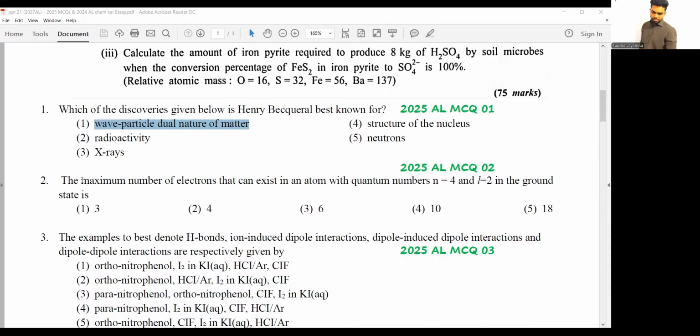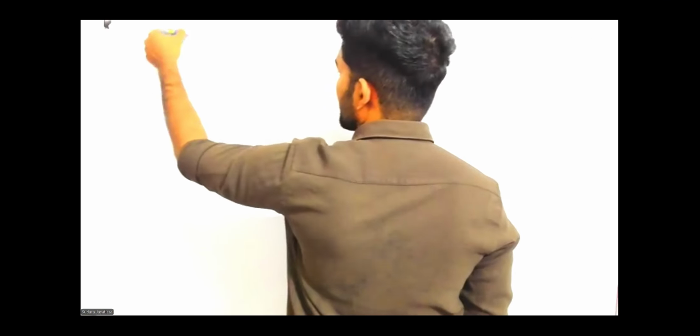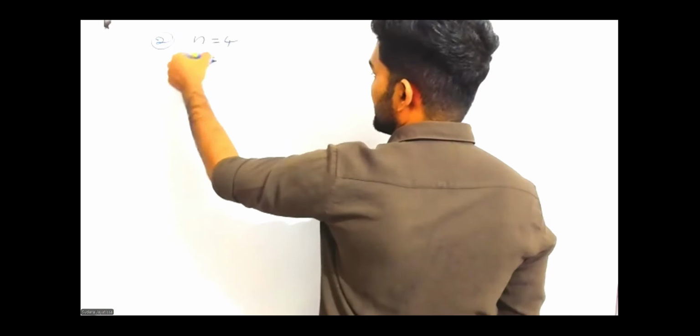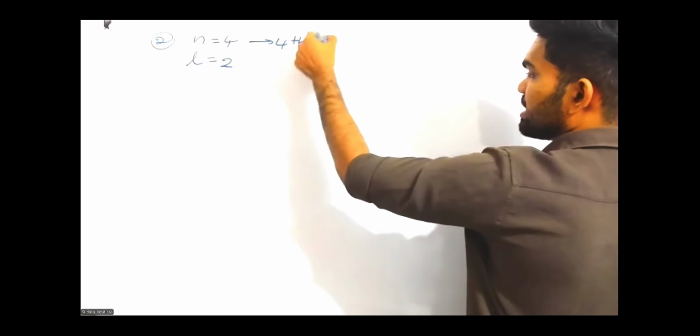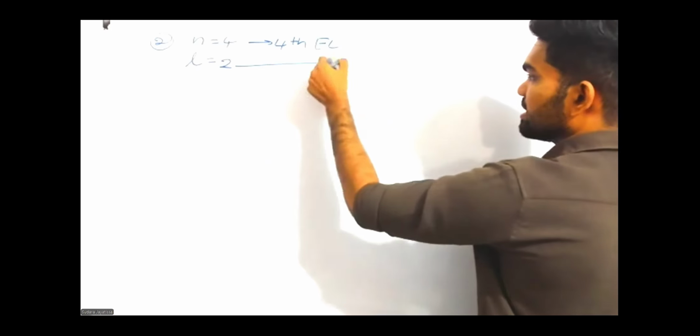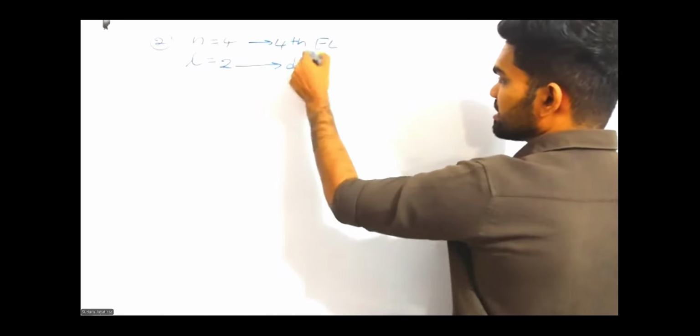It's asking the maximum number of electrons that can exist in an atom with quantum numbers n equal 4 and l equal 2 in ground state. So n equal 4 means fourth energy level. l equal 2 means d sub energy level.